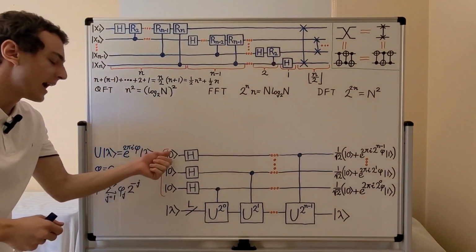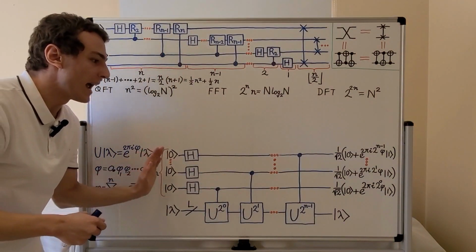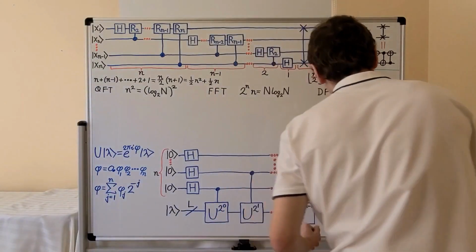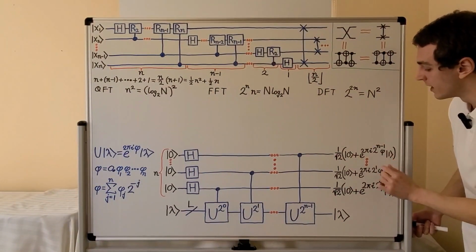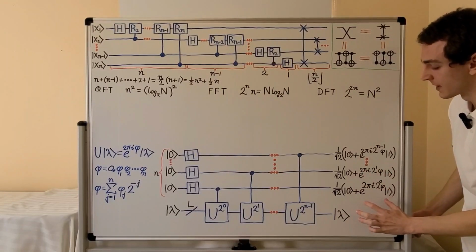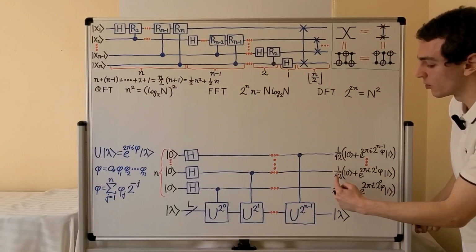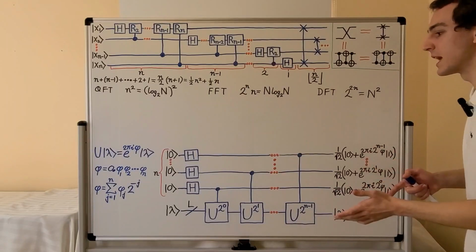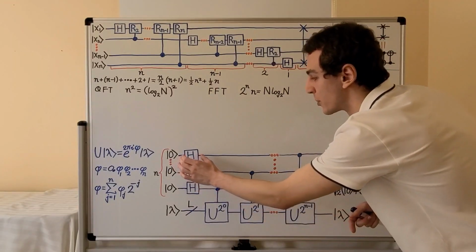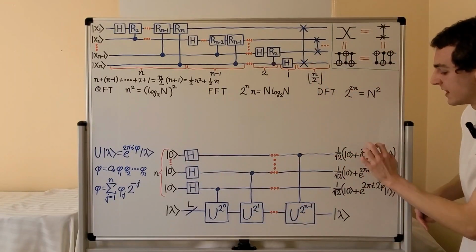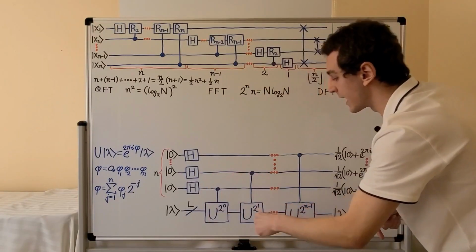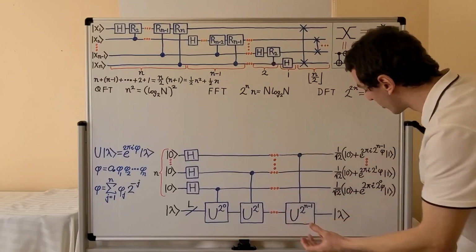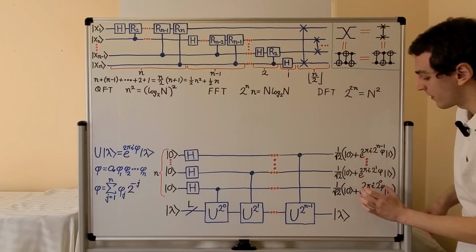So they began as initialized in the state 0, and they have progressively been turned into these superpositions of 0 and 1 with phase factors. And we also have normalization coefficients. So the Hadamard gate would just produce a superposition of 0 and 1. And this phase factor would just be 1 over here. And these controlled unitary gates are responsible for these phase factors.